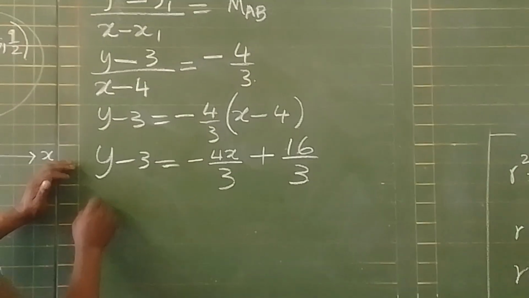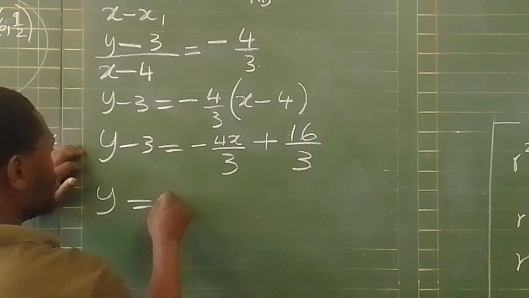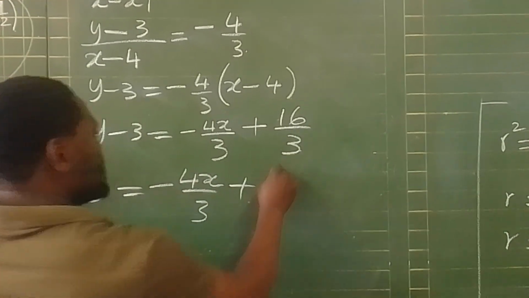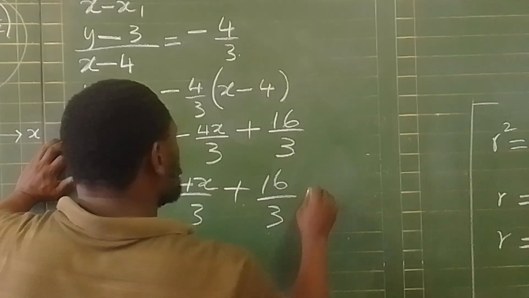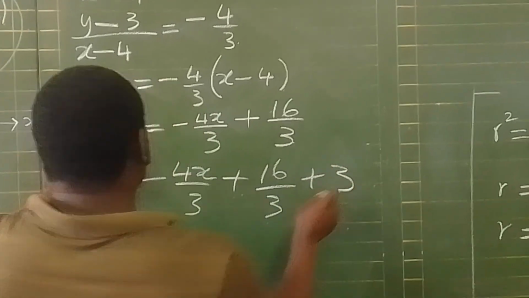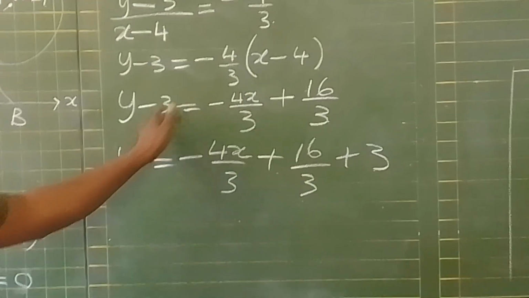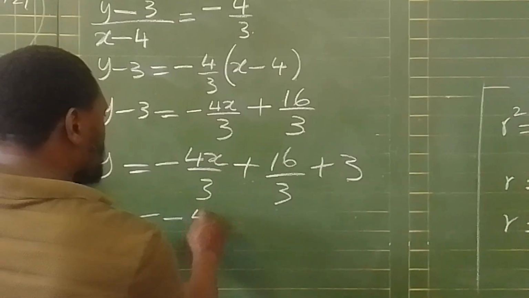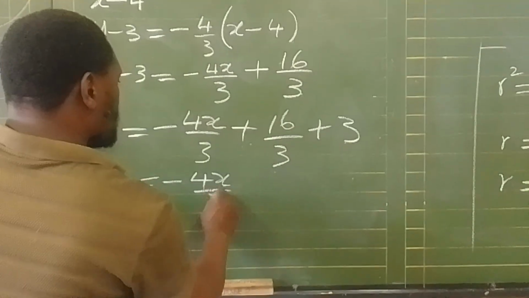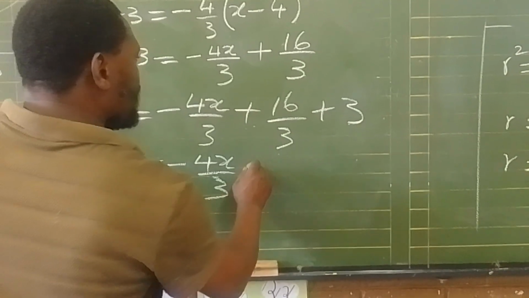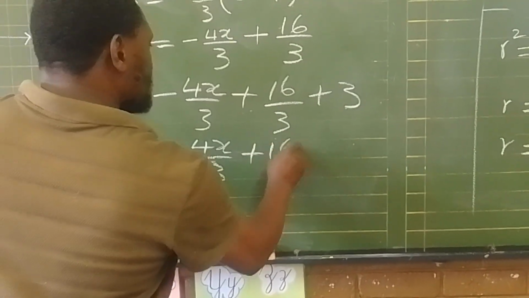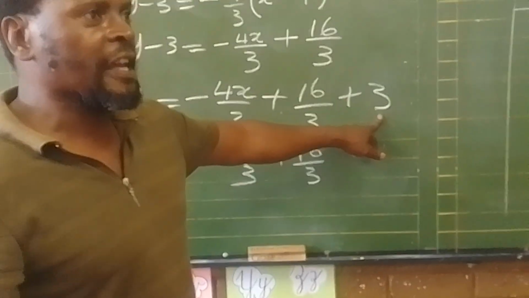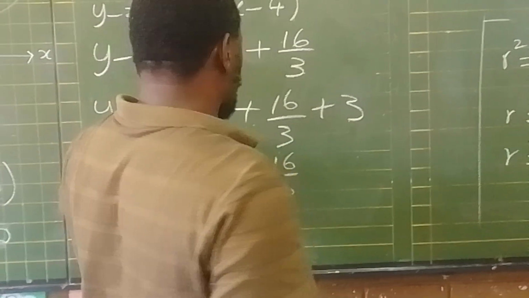Then what is y? Y is equals to minus 4x over 3 plus 16 over 3 plus 3. It's negative, it becomes positive. So it is going to be minus 4x over 3 plus 16 over 3. LCD here is 3.